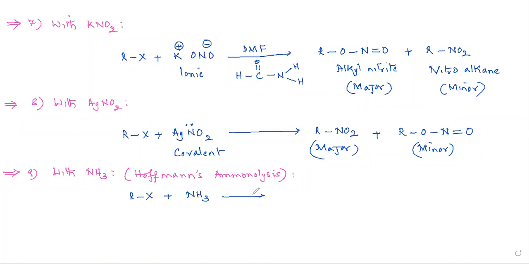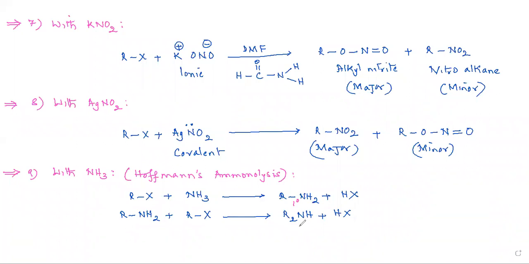To form, see here NH2 minus replaces or substitutes the X minus, SN2, RNH2 plus HX. Okay. Now this RNH2 further reacts with alkyl halide to form R2NH plus HX. You get a secondary amine.